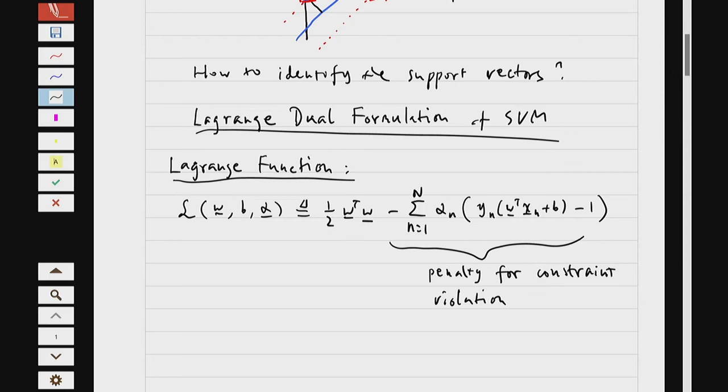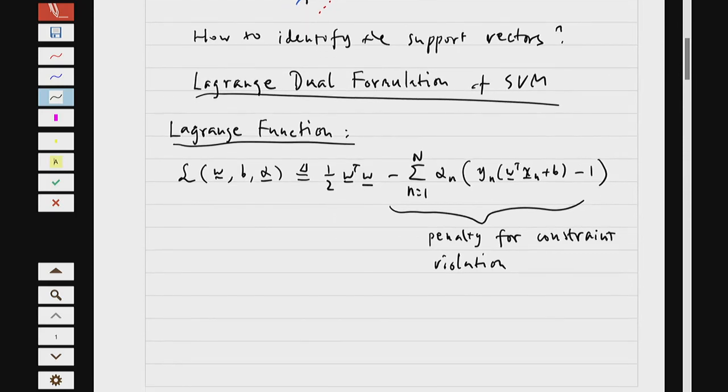We have seen this before. Sometimes we have a hard constraint, but then now we say, well, maybe I allow you to violate the constraint, but then there will be a penalty for it. There will be a cost. So now, for this to be a penalty, of course, these alpha n, the so-called Lagrange multipliers, have to be non-negative. It's a kind of price that you pay for the amount of violation that you have.